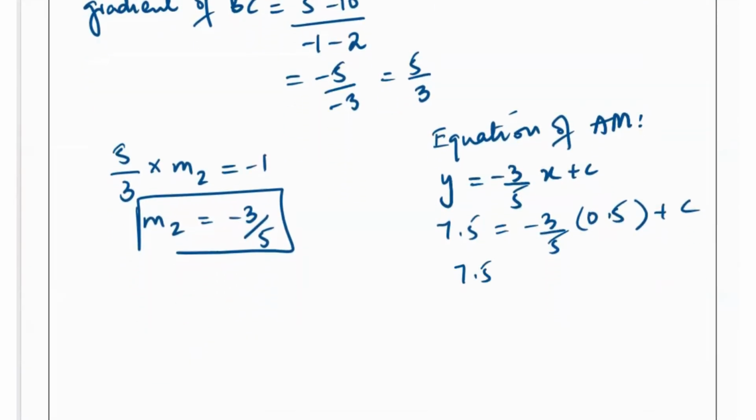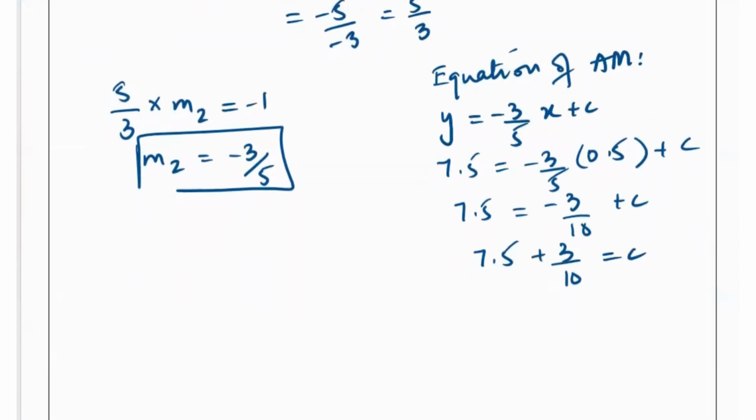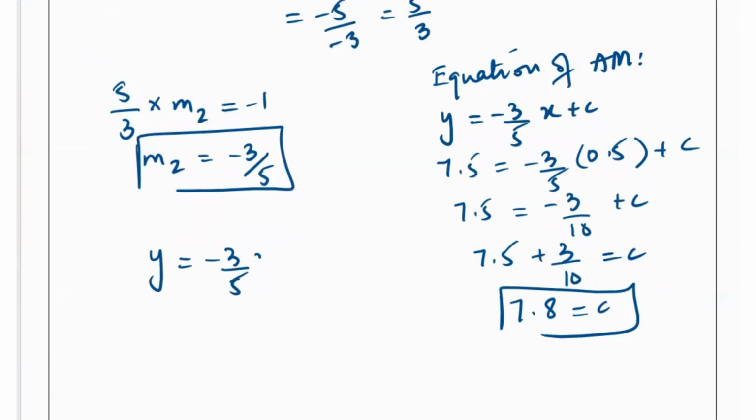That's 7.5 equals negative 3 over 10 plus c. 7.5 plus 3 over 10 equals c. That's 7.8. So y equals negative 3 over 5x plus 7.8.